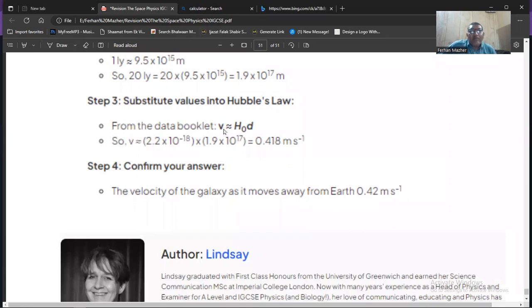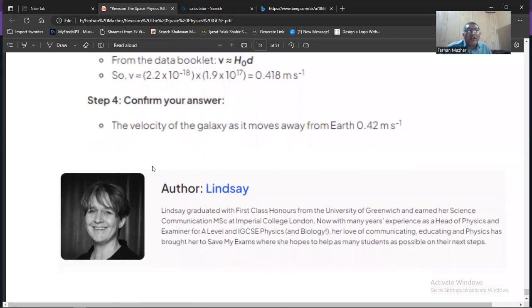Hubble's law: v equals H naught multiplied by d. So v equals 2.2 × 10^-18 multiplied by 1.9 × 10^17, and you will get 0.418 meters per second. Step 4, confirm your answer. The velocity of the galaxy as it moves away from the Earth is 0.42 meters per second.